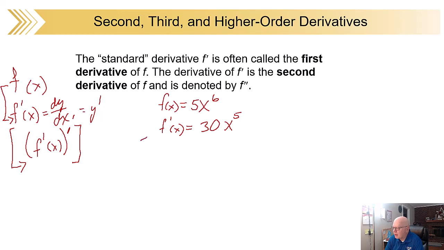Now what about taking the derivative of this? Well, we put 2 marks up there now because we've taken the derivative twice. We'll take that 5, move it out front. 5 times 30 is 150, and the x becomes x to the 4th.